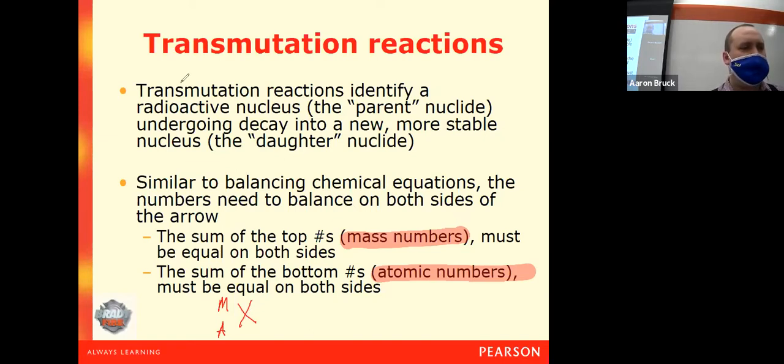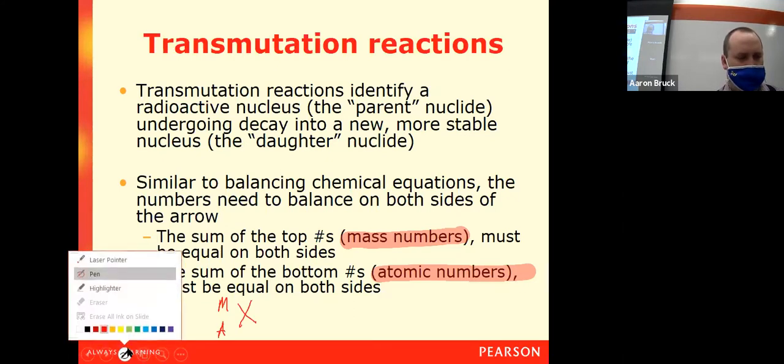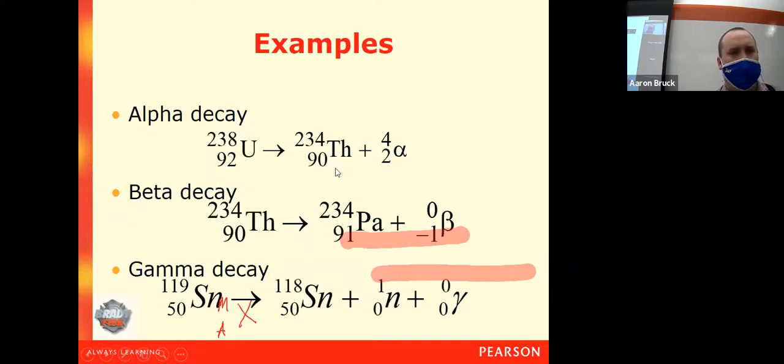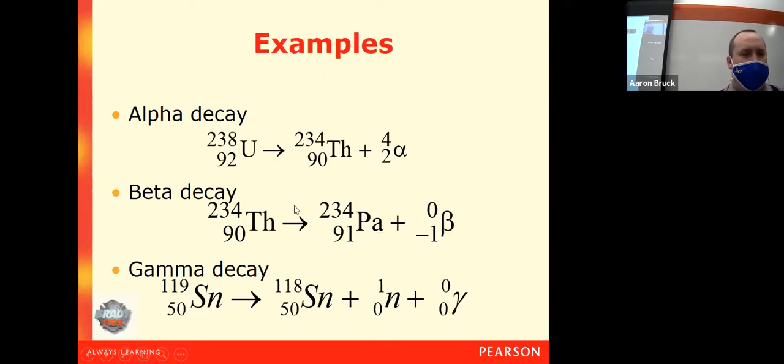So what do these transmutation reactions ultimately end up looking like? Well, here's a couple of examples. So for an alpha decay, this is a common example of an alpha decay. Uranium-238 turning into thorium-234 plus an alpha particle.